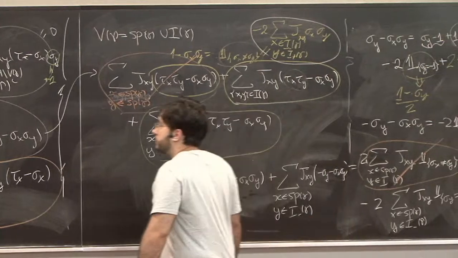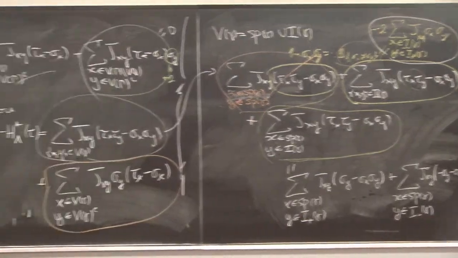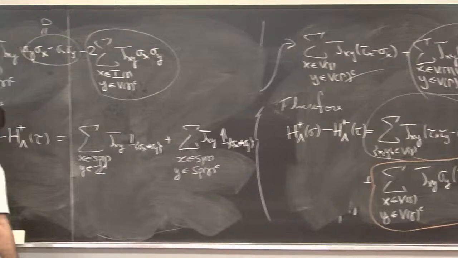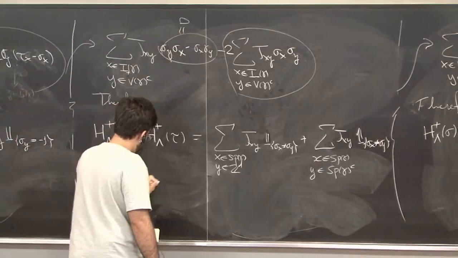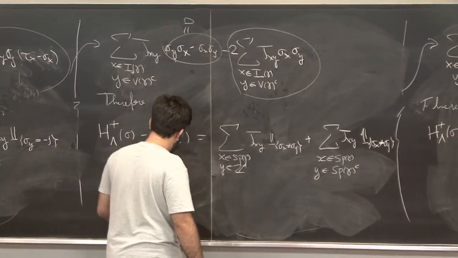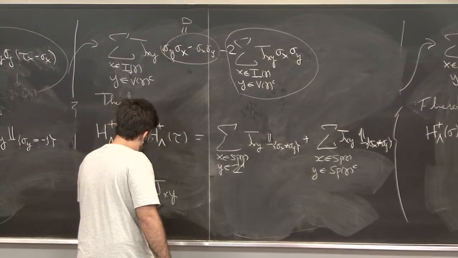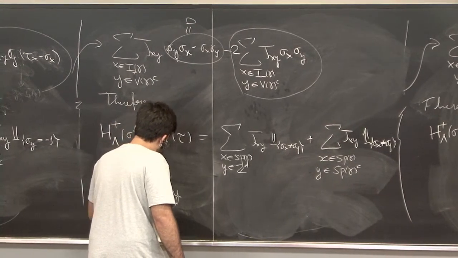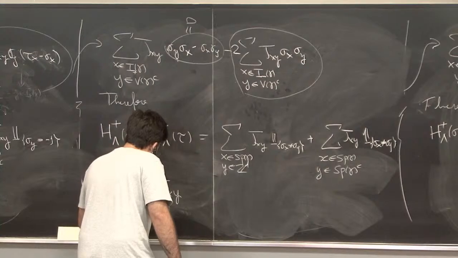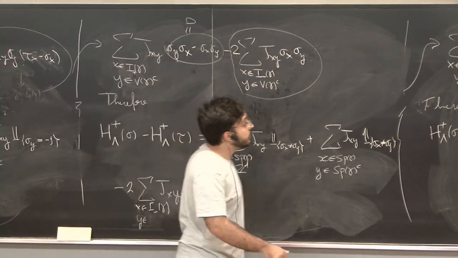Then I will have minus 2, x inside the minus interior, y inside the union.